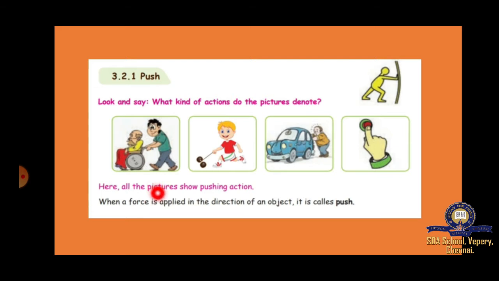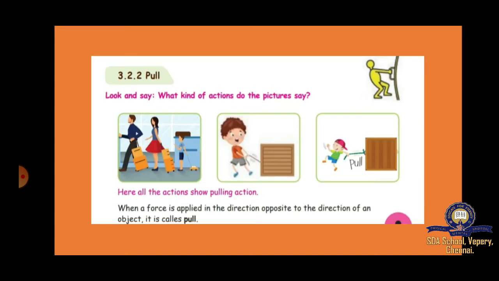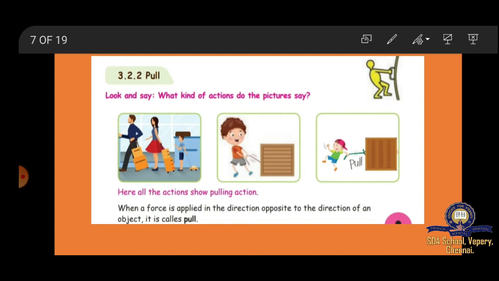When a force is applied in the direction of an object, it is called push. And then pull. When a force is applied in the direction opposite to the direction of an object, it is called pull.